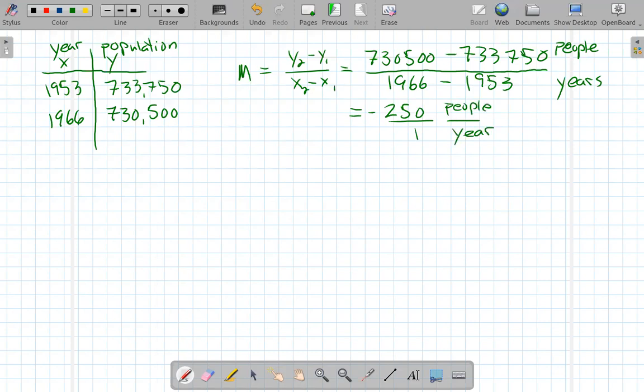And when we interpret a slope, we always go by the independent variable first. So for each year that goes by, the population decreases by 250 people. So my sentence is going to look something like that.